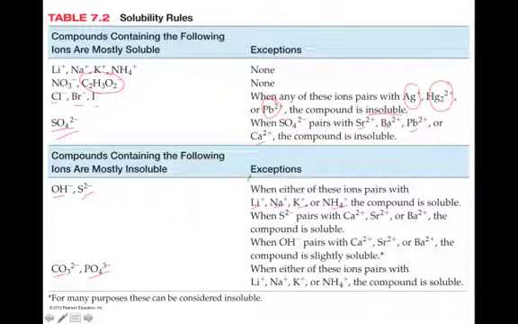Sodium hydroxide, sodium sulfate, potassium hydroxide, potassium sulfide, ammonium sulfide, those are all soluble. When sulfide pairs with calcium, strontium, or barium, the compound is soluble. So calcium sulfide is going to be soluble.